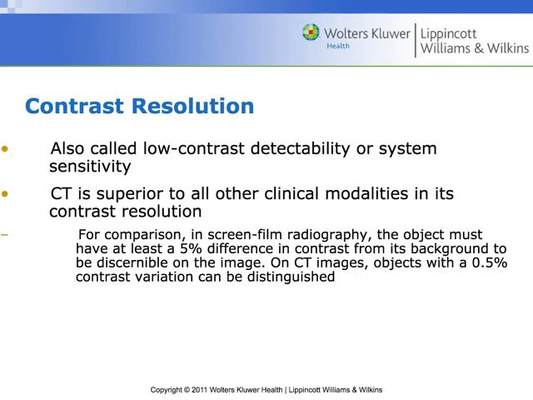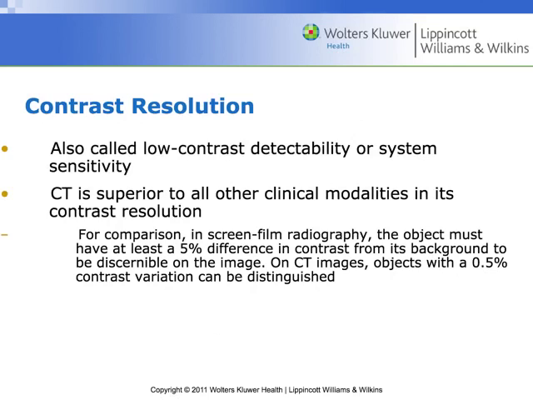So, for example, in medical radiography, for an object to be differentiated from another object on an X-ray picture, they need to have at least a 5% difference in contrast. They need to have at least a 5% difference in their linear attenuation coefficient, right?